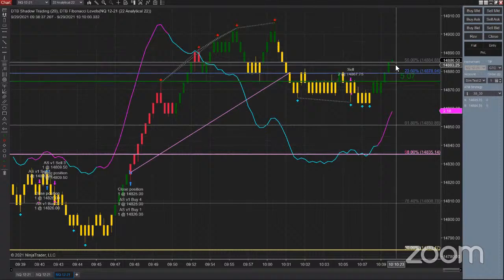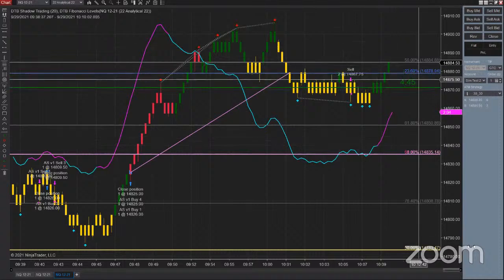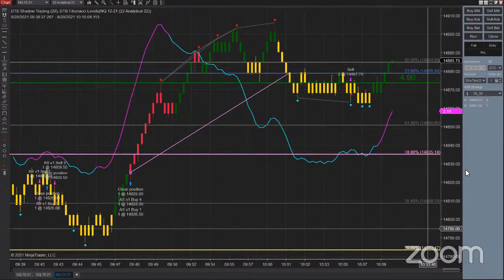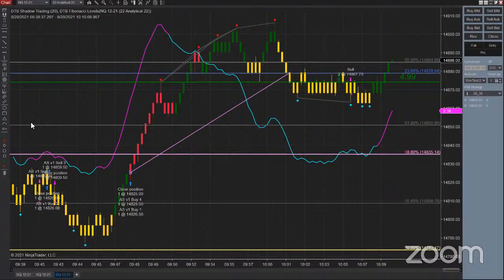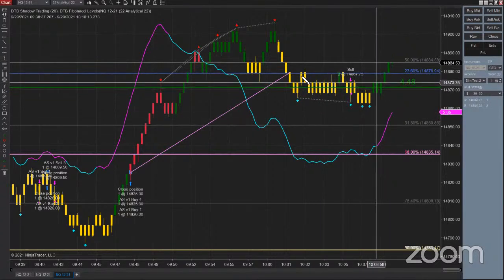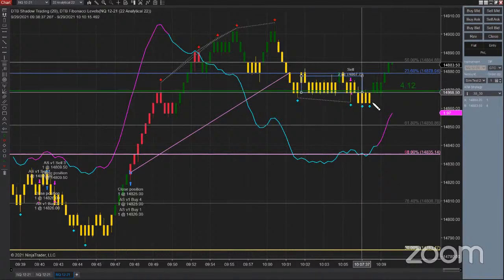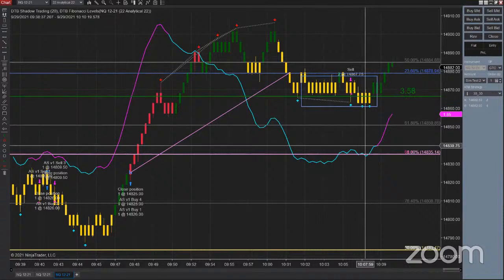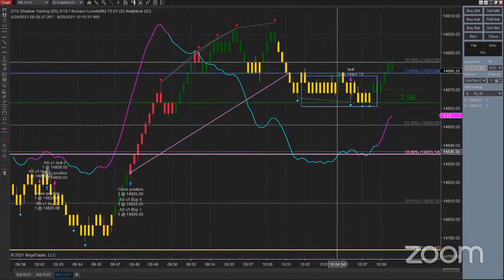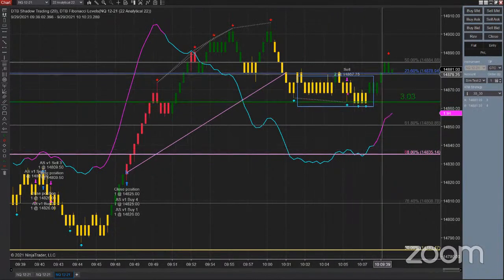And there we go. So now we're above the 23.6 again. So notice how that momentum line gave us that forewarning long before that actually happened, just from watching what the price was doing here with these arrows appearing in real time and the momentum line really starting to filter up.